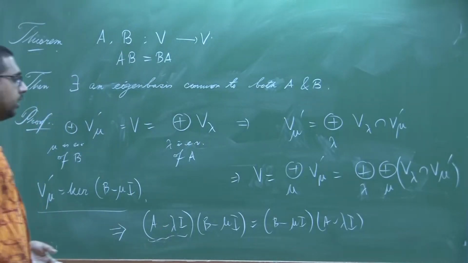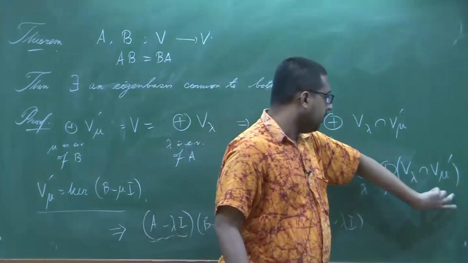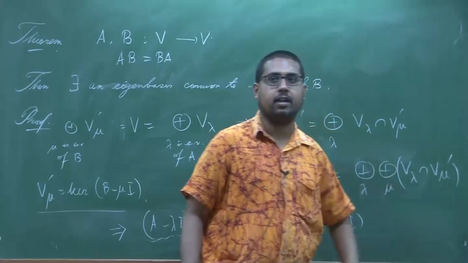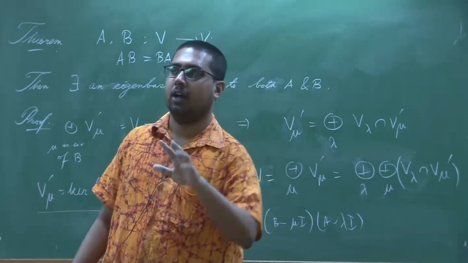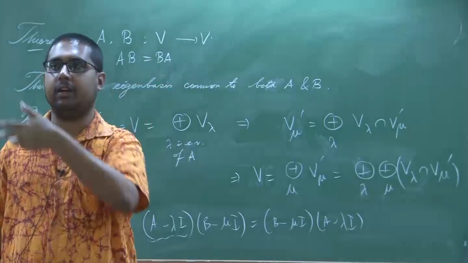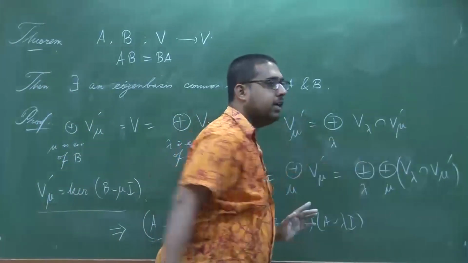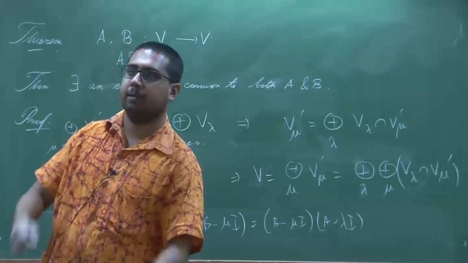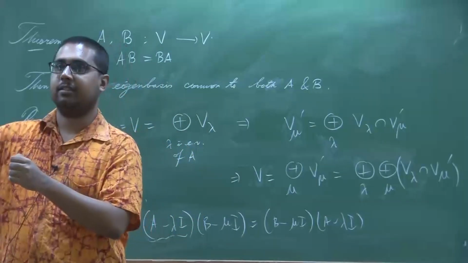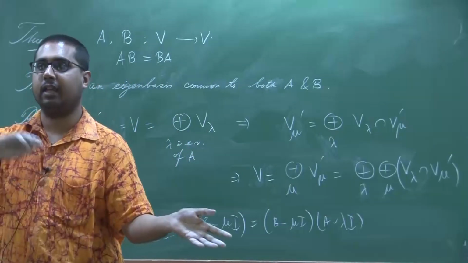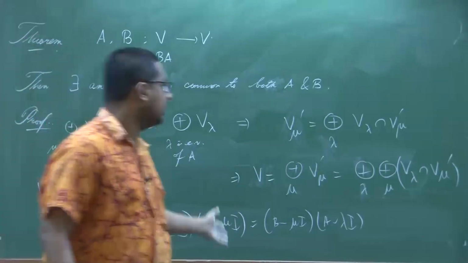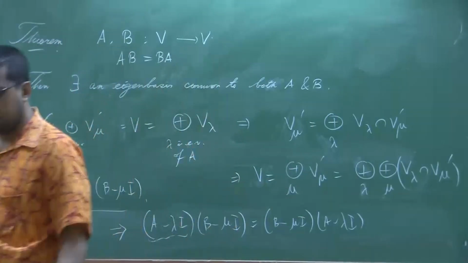So, if you choose any basis here, these vectors are both eigenvectors of A and B, possibly with different eigenvalues, and therefore, when you take their union, all the vectors lying in that basis are both eigenvectors for A and eigenvectors for B as well. That gives you an eigenbasis. Okay.